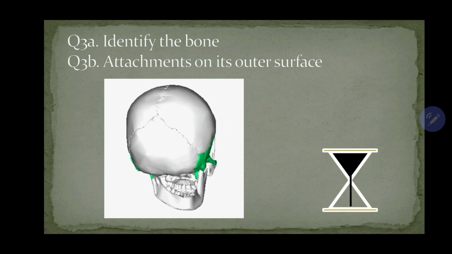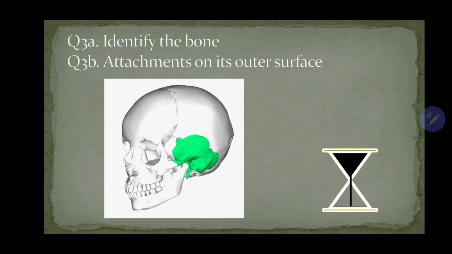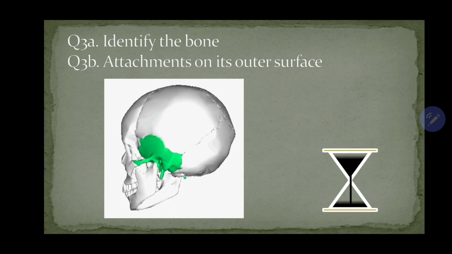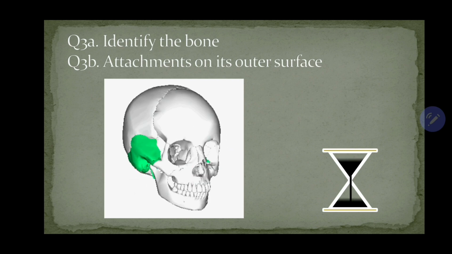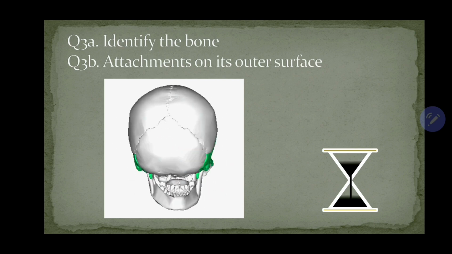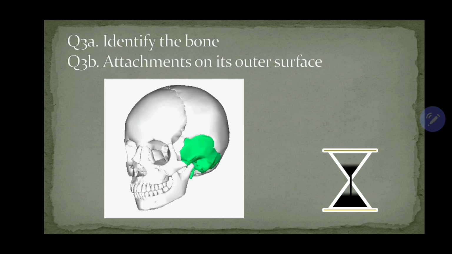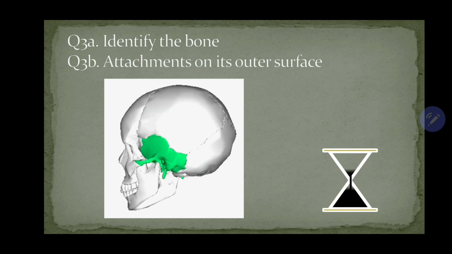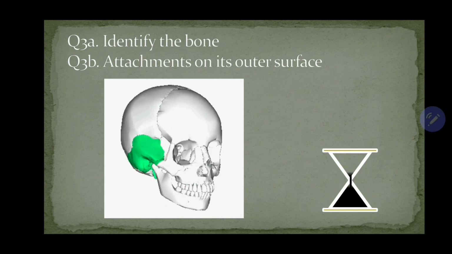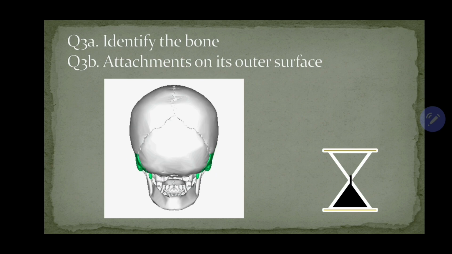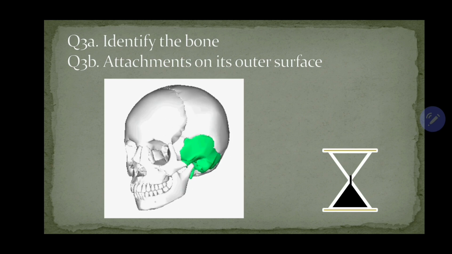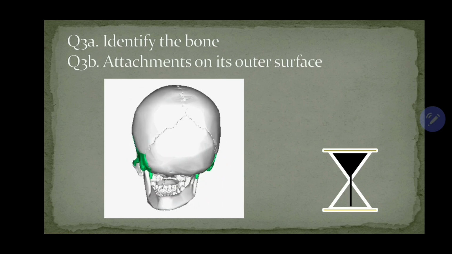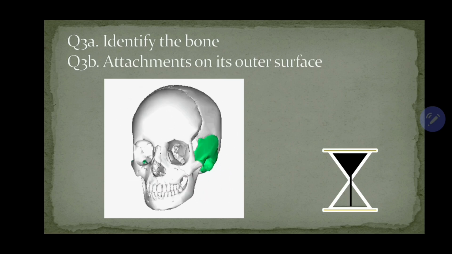Identify the bone and the attachments on its outer surface. The bone again is the temporal bone, a paired bone on both sides.